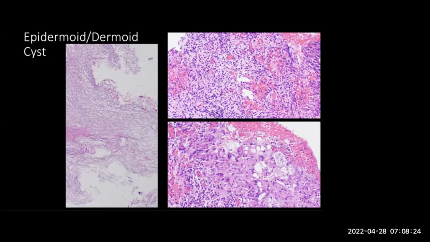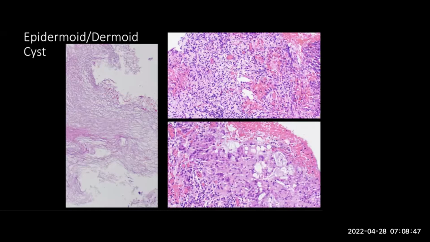On the left is what we call flaky dry keratin, which can be the content of an epidermoid or dermoid cyst. And on the right side, you see inflammatory changes on the top.